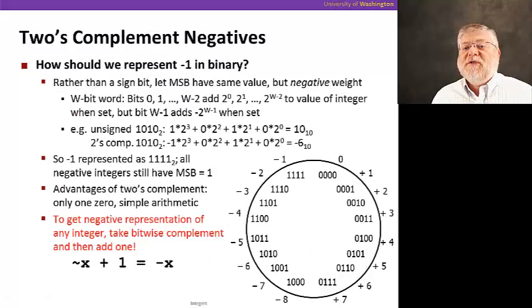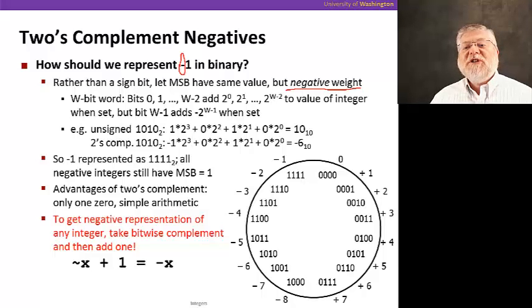This is not something we want to be dealing with when we think about arithmetic in our programming languages. So instead of using sign and magnitude numbers, computer systems today use what are called two's complement negatives. And let's go back to that representation of a -1. So instead of using the most significant bit to just represent the minus sign in front of the 1, what we're going to do is give that most significant bit a large negative weight.